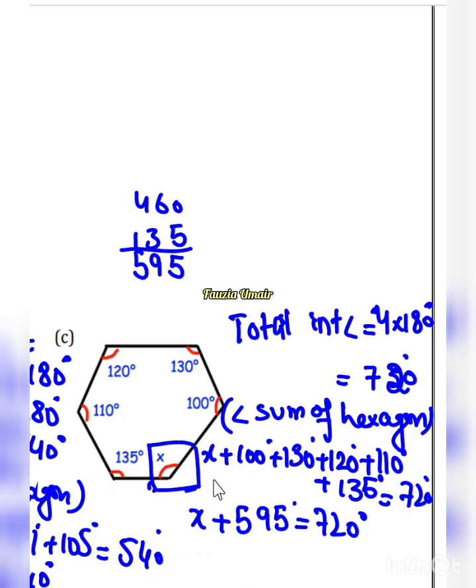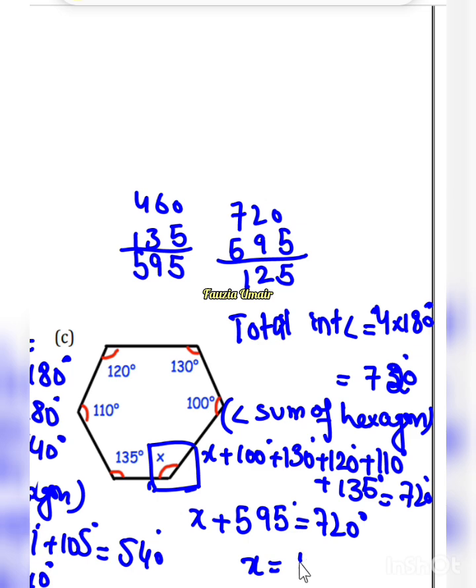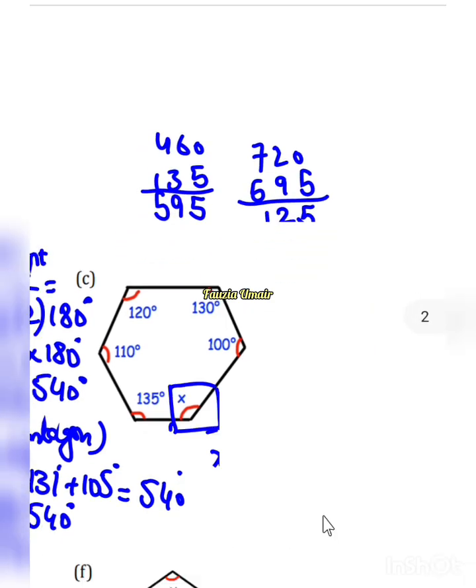So it means it should be bigger than 90 but less than 180 degrees. If I find x now, it would be 720 minus 595. So let's see what is the value of x coming. It would be 11 minus 9 to 125. So that is a sensible answer. The value of x is more than 90 degrees but less than 180 degrees. So it is a perfect and sensible answer to this polygon.